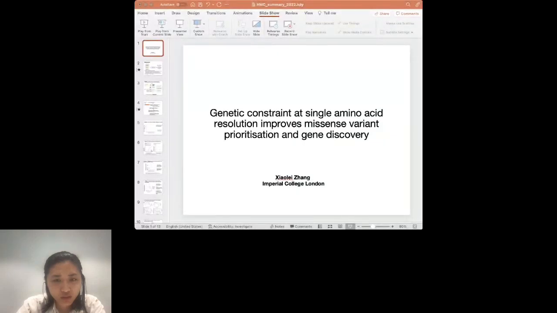Can you try navigating to the next slide? We still see the first slide.